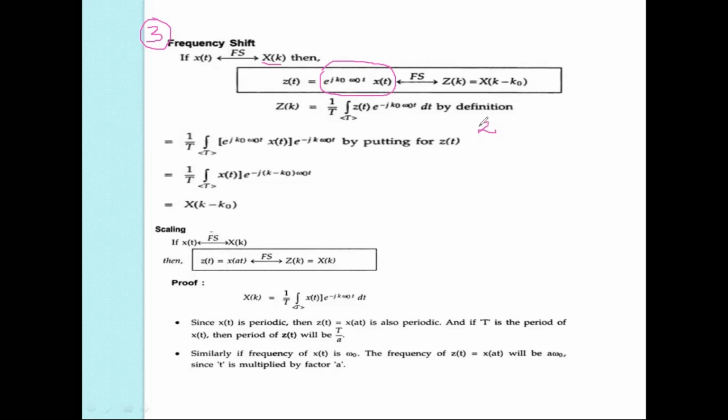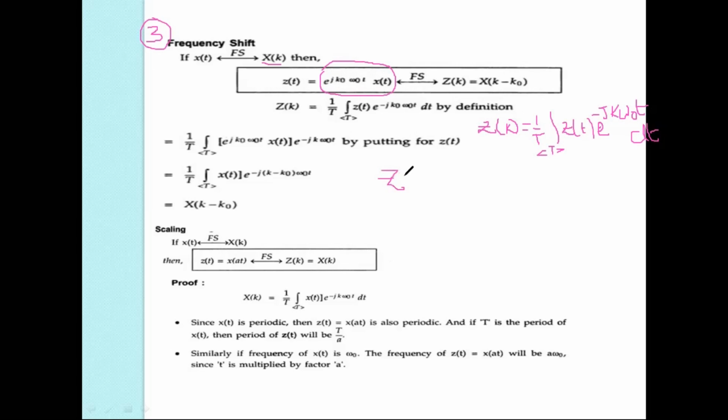So z of k is equal to, what is the analysis equation saying? 1 by T, the integral over T, z of t, e power minus jk omega naught t dt. Understood, my dear students? Now I am taking z of t. They are asking to take z of t equal to e power jk naught omega naught t x of t.